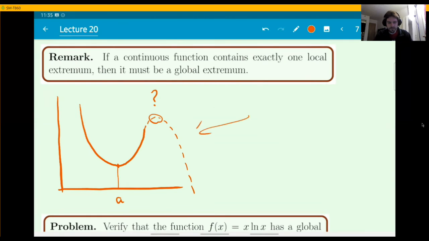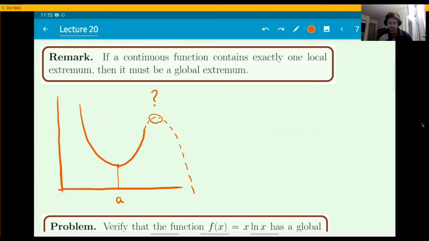That's this picture here. Imagine this function. It has a local extreme here, the number a, but it is supposed to be the only one. So it's going to be impossible for it to turn back around and start going down again, because that would create another critical point, another local extreme.